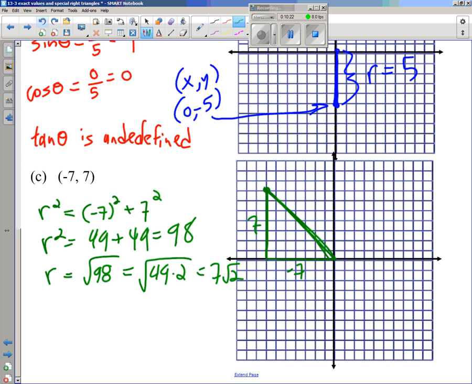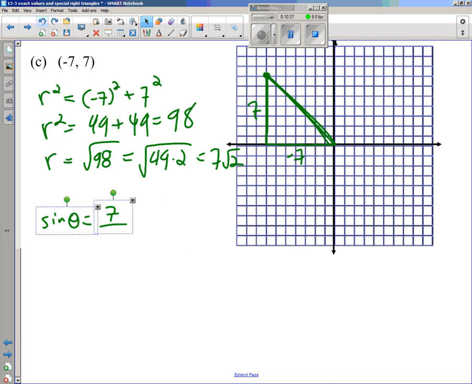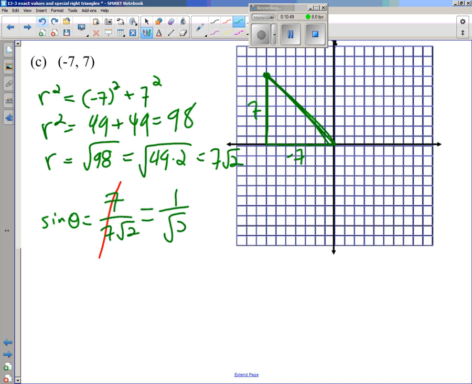All right, sine of the angle is y over r, 7 over 7 radical 2, which is 1 over radical 2, and if we rationalize the denominator, we do that, we get radical 2 over 2.